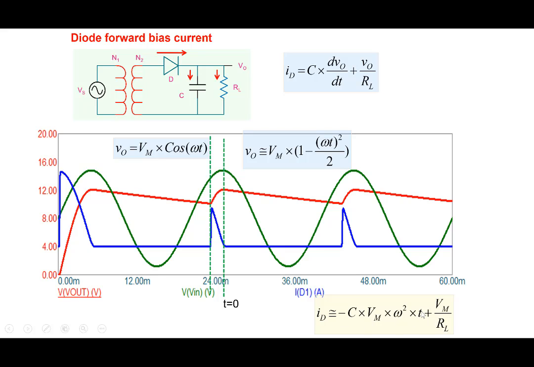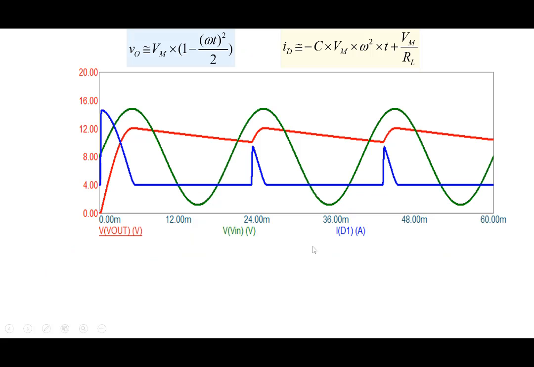Our interest is in finding out the peak diode current and the average value of the diode current. We said this is t equal to 0, and let's call this part t equal to minus delta t, just when the diode turns on.